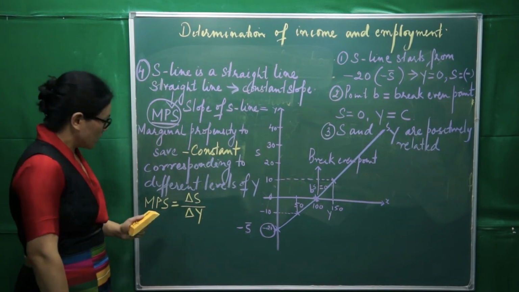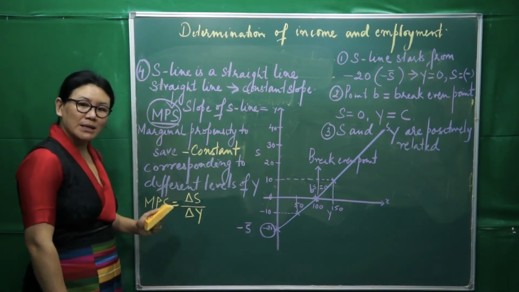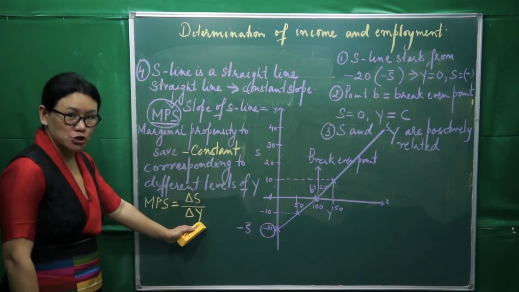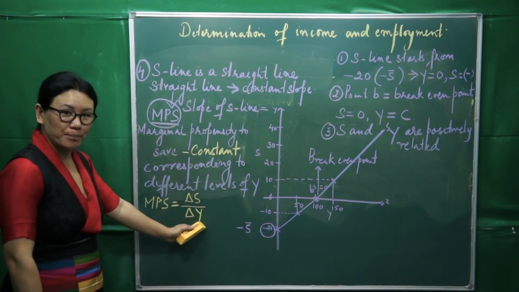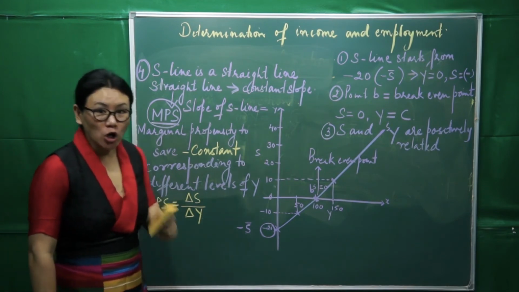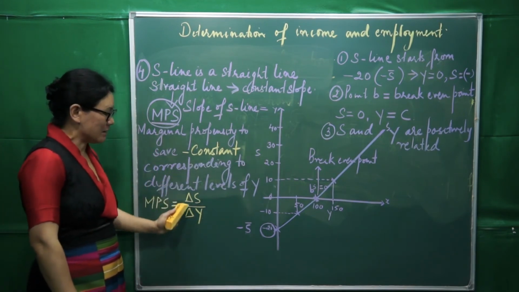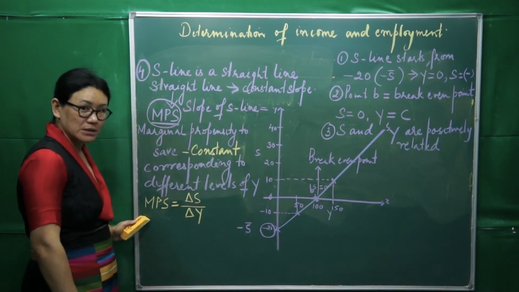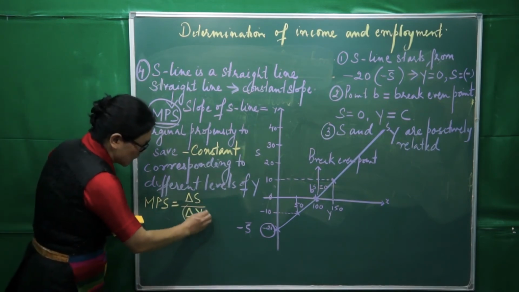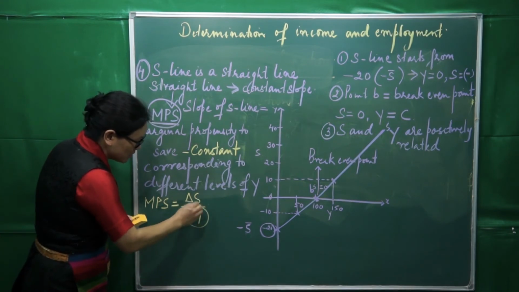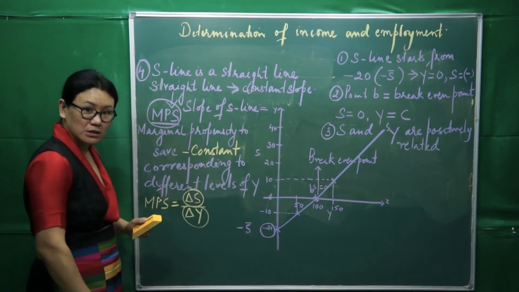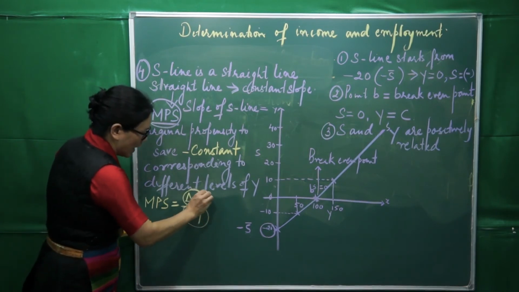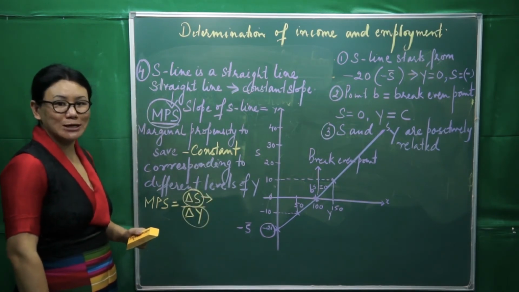Is that clear? Usually, what does this MPS show? It shows that when there is a change in income, there will also be a change in saving. This is MPS. If this one is changing, causing change in this, we have to see how much is the change in saving.